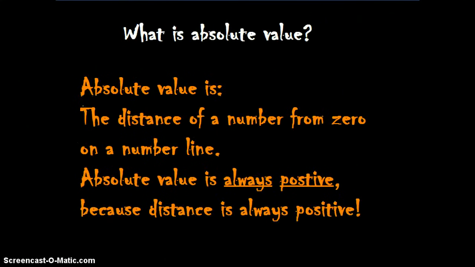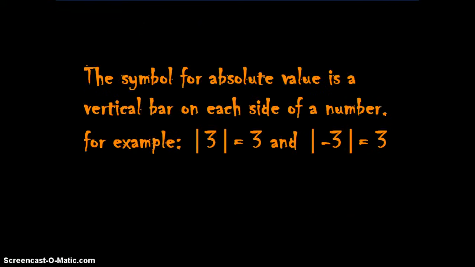Absolute value. What is absolute value? It is the distance of a number from 0 on a number line. Absolute value is always positive because distance is always positive. The symbol for absolute value is a vertical bar on each side of a number. Do you see these vertical bars right here? These mean absolute value.